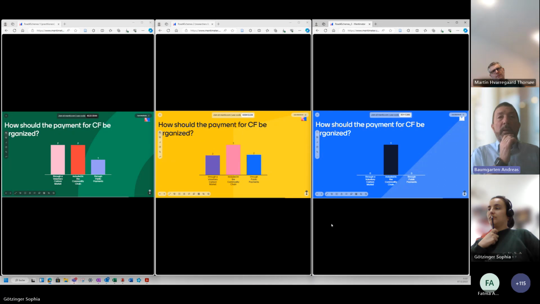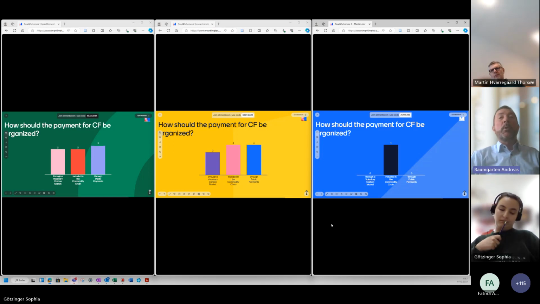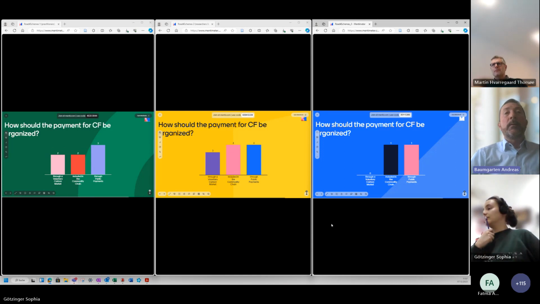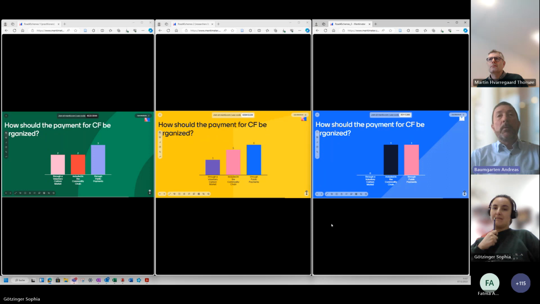And finally, public payments, mostly in connection with the Common Agricultural Policy. What would you think is the most effective way to finance carbon farming with respect to the current situation?